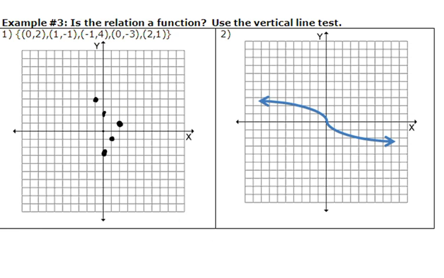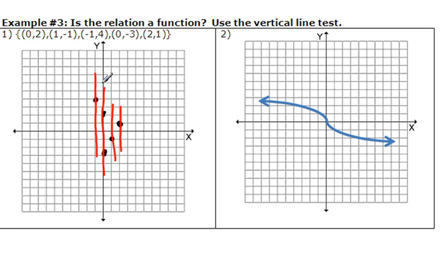What the vertical line test tells me is if I draw a vertical line through any of my points, a vertical line through this point, a vertical line through this point, and if any vertical line touches more than one point on my graph, it is not a function.